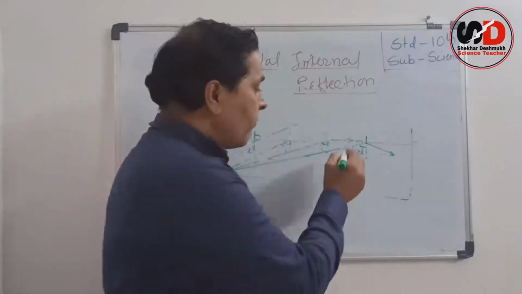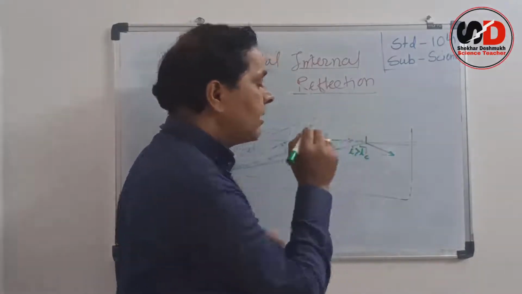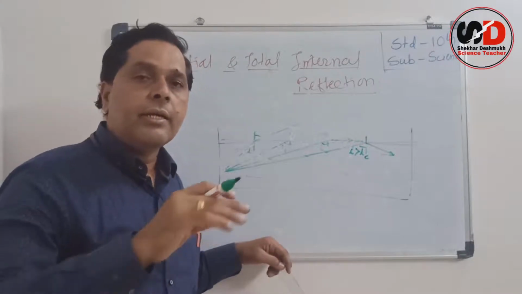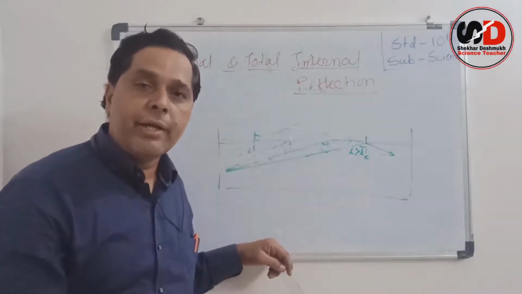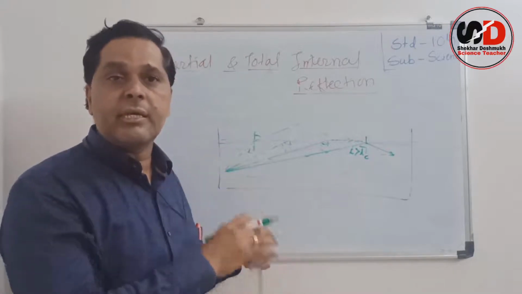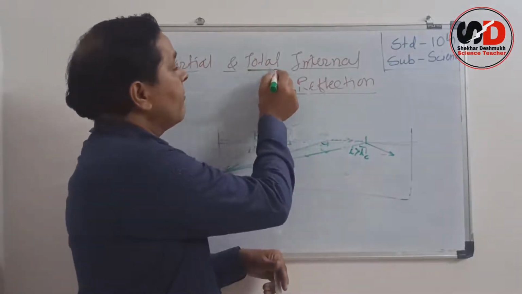If the angle of incidence I is greater than the critical angle, then the total light remains in the same medium, it gets reflected in the same medium, and therefore we call it total internal reflection.